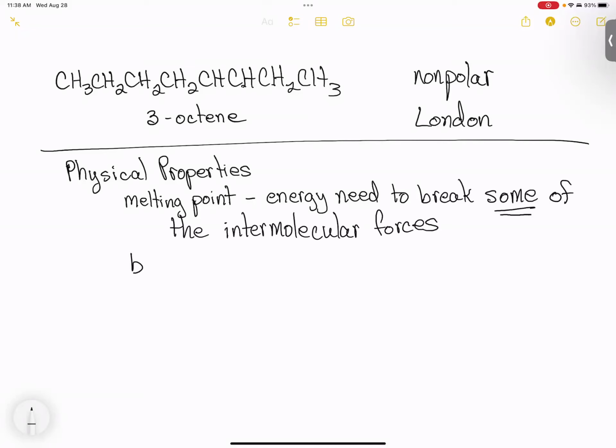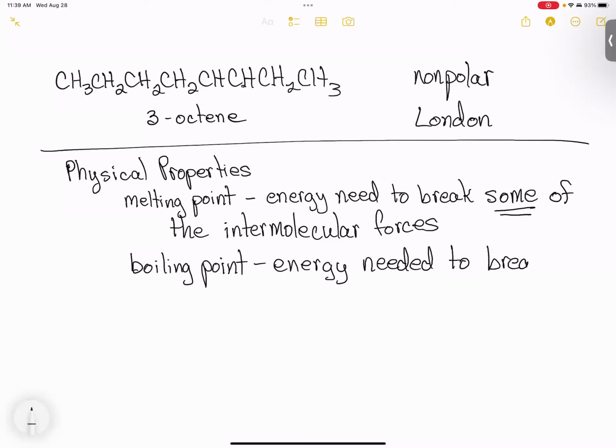We'll talk about the boiling point, which is the energy needed to break all intermolecular forces.